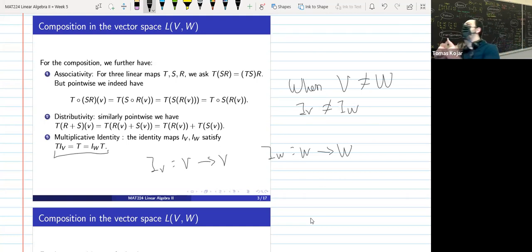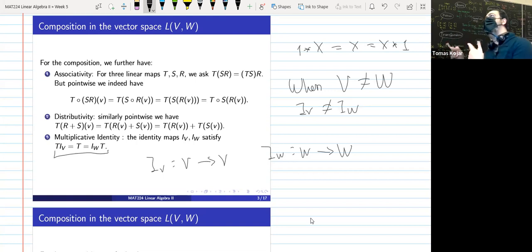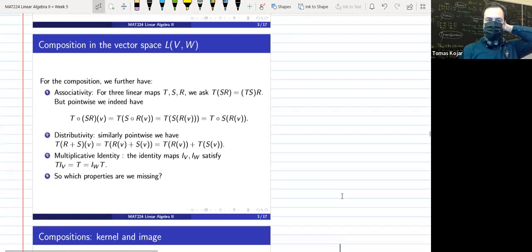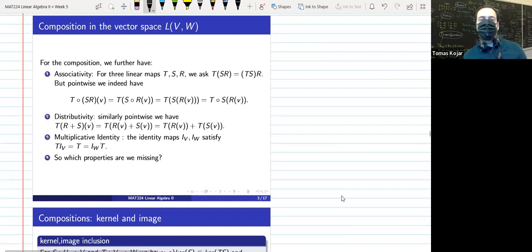If you remember from fields, you had the multiplicative identity, like 1 star X was equal to X star 1. Here you don't have that because the vector spaces could be different. But if they're the same, you do. But you still don't have commutativity.